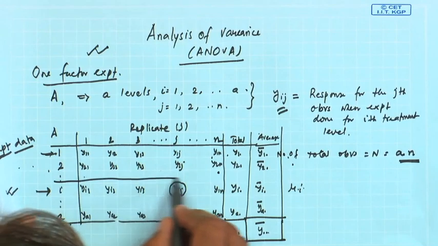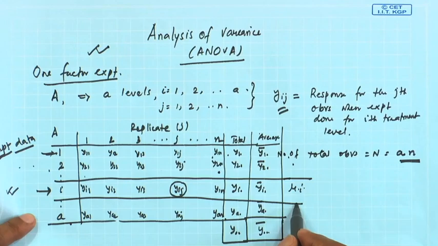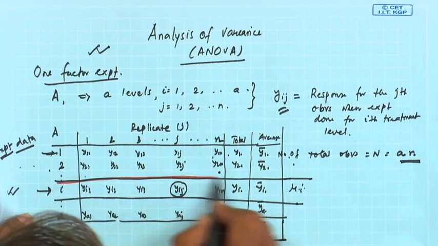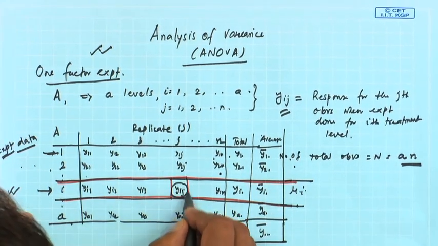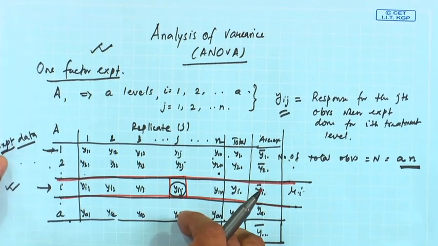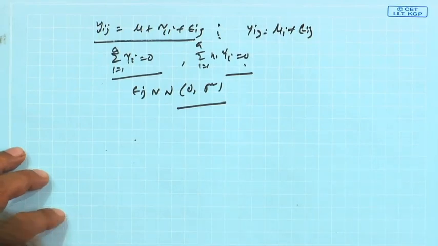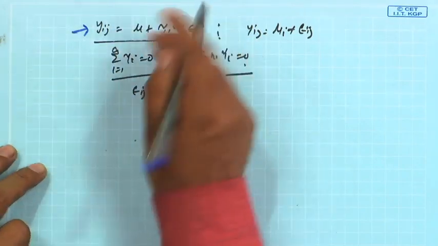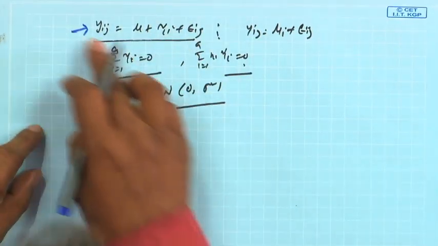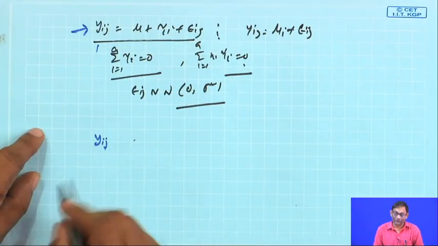So, the row of interest for us now is this row, the ith row, and the very important observation is y i j, which is basically observed. So, from the population point of view, when the experiment is not done, this is what the model is. Once the experiment is done, you will get some data y i j.